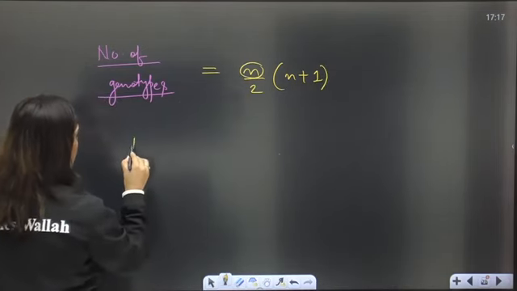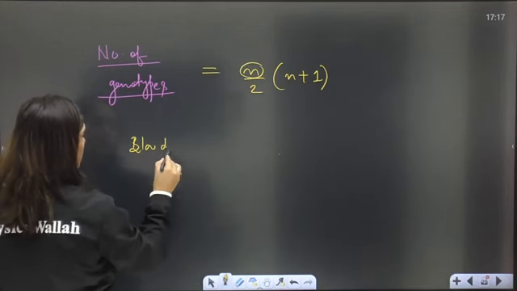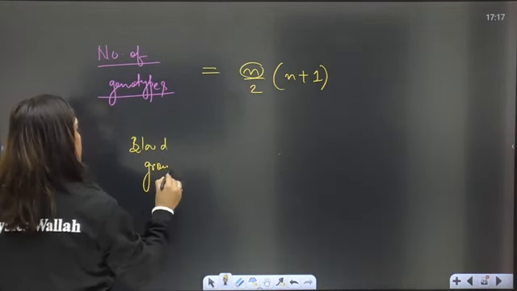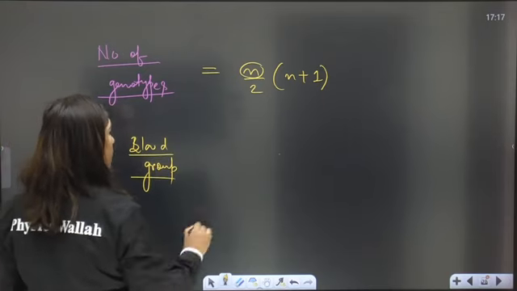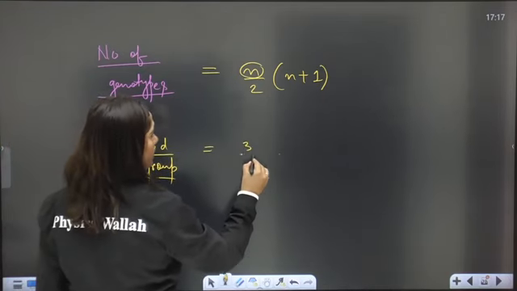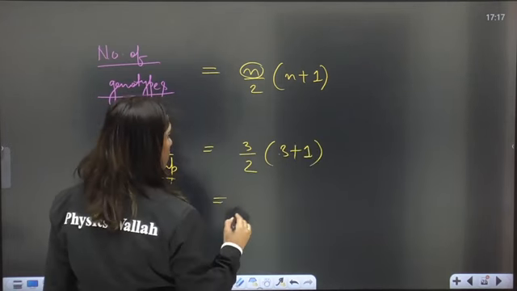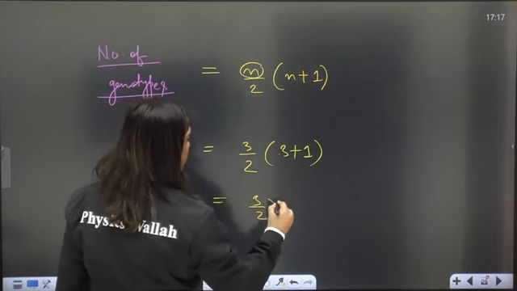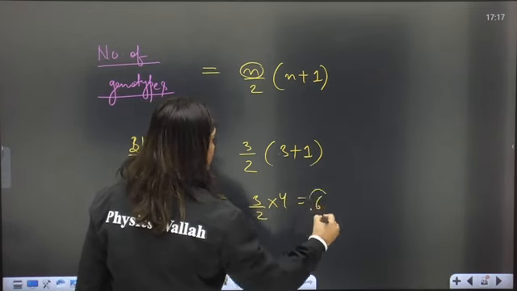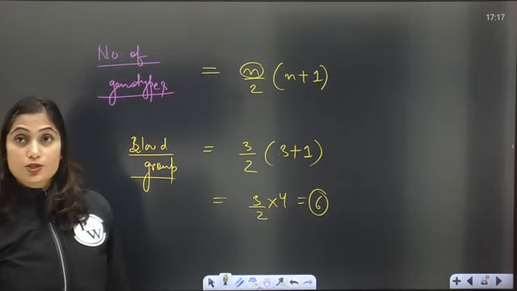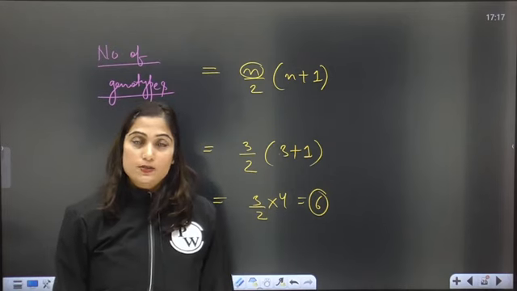Suppose I am taking the example of blood group. For calculating the number of genotypes in blood group, I will write it as 3(3+1)/2, which comes out to be 6. That means in a population, a total of 6 genotypes are possible.